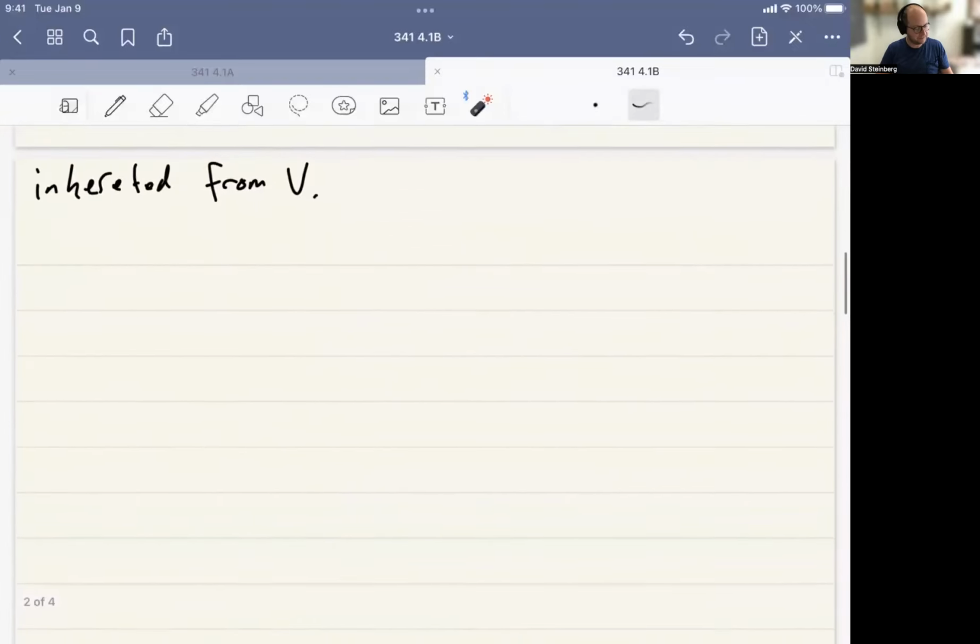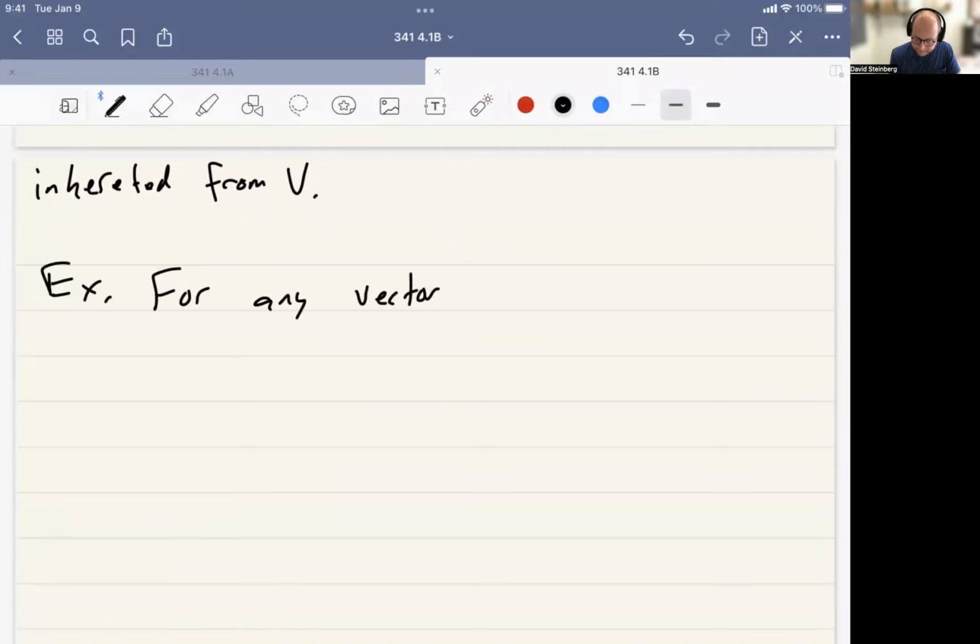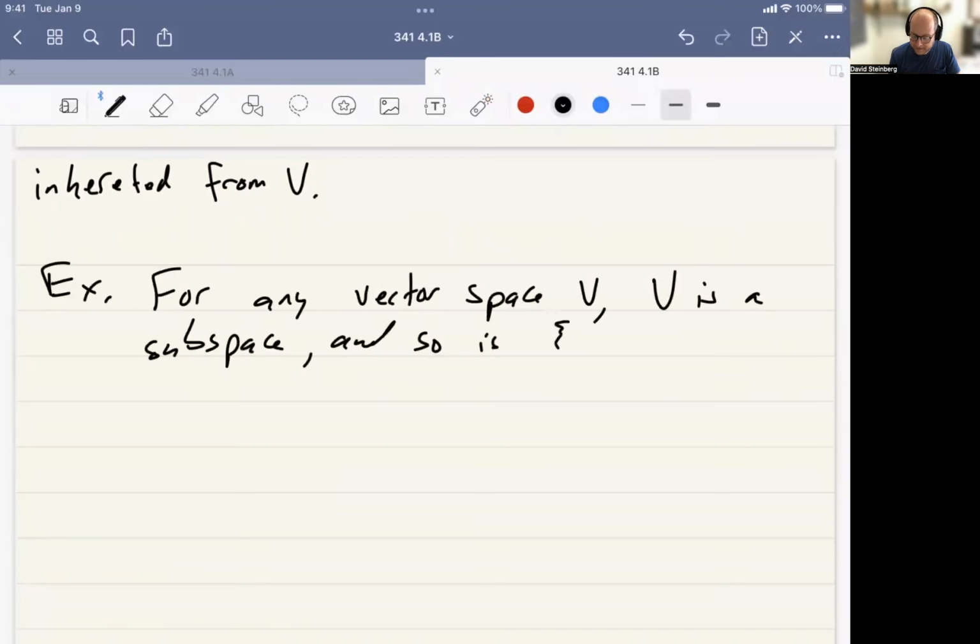So let's look at some examples. For any vector space V, V is a subspace of itself, and so is sort of the boringest possible example of a vector space, the set just containing 0.